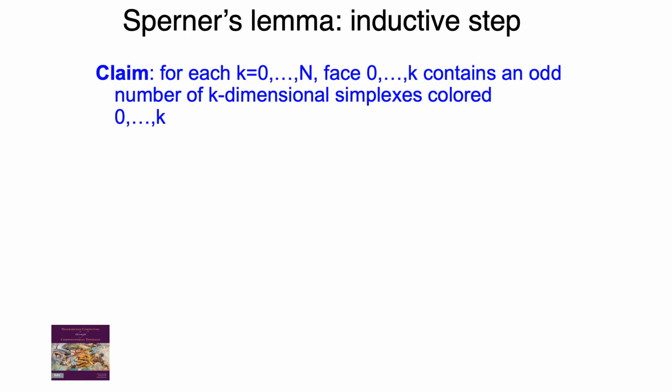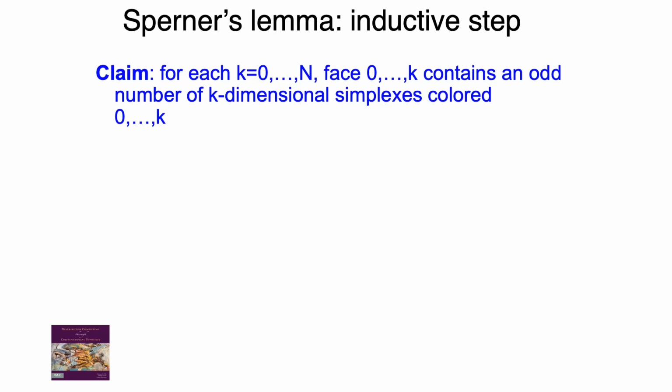This is by definition of Sperner coloring. Now, I want to claim by induction on k, from 0 to n, that when I reach n, I'm done because I've proved my statement. I want to prove that face 0k contains an odd number of k-dimensional simplices colored 0 to k, having all k plus 1 colors for the k face.